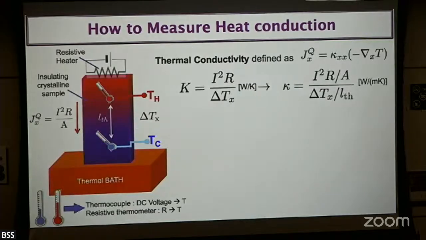So with this, we can calculate the thermal conductivity: how much heat you put in and how much temperature gradient you get out. Then plugging in the appropriate sample dimensions, you get units of watts per meter Kelvin. That's the thermal conductivity unit. Yes?